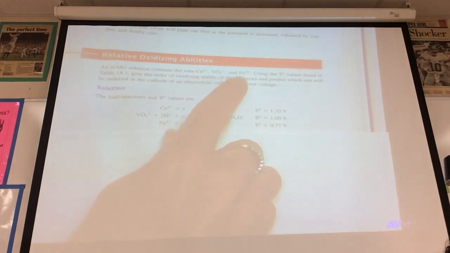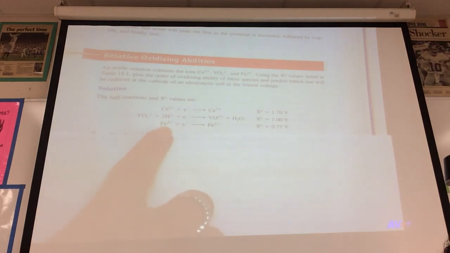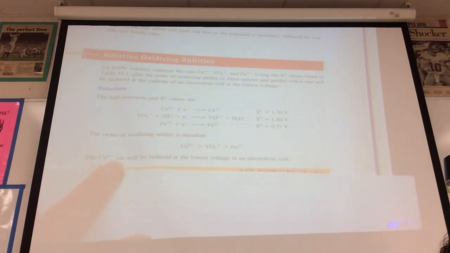It's a funny ion. And iron 3 ion. Using the values listed, which are here, give the order of oxidizing ability, the one most likely to be reduced, of these species, and predict which one will be reduced at the cathode of an electrolytic cell at the lowest voltage. So which one, based on those given? What has the most positive E? So it's cerium 4 ion, right? It will be reduced at the lowest voltage in an electrolytic cell.